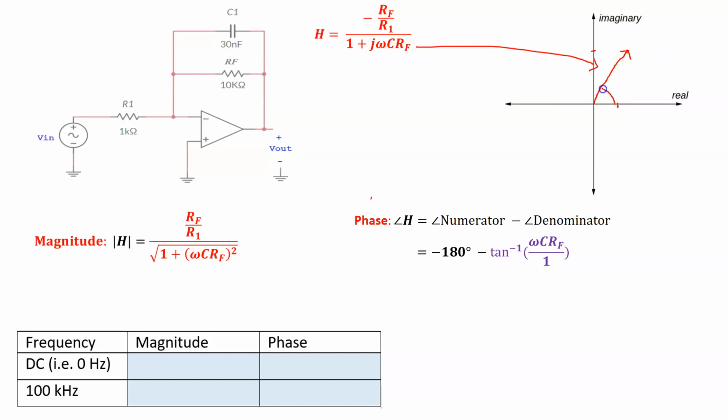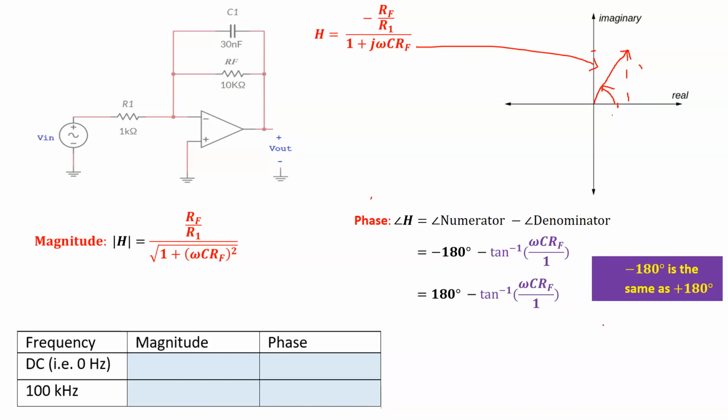If I drew a triangle, that angle would be the imaginary part divided by the real part, so the angle is the arctangent of the imaginary part divided by the real part for the denominator. So let's fill in this table about the magnitude and the phase.